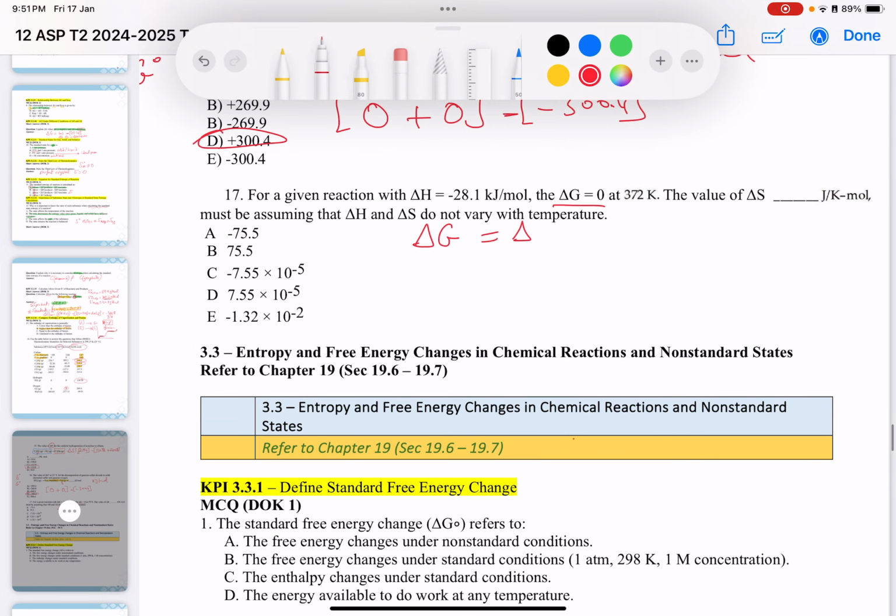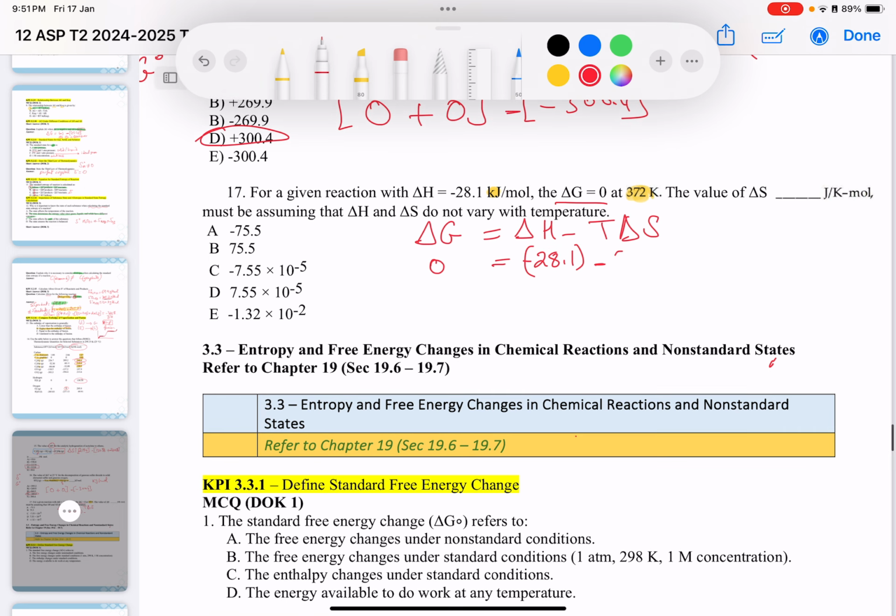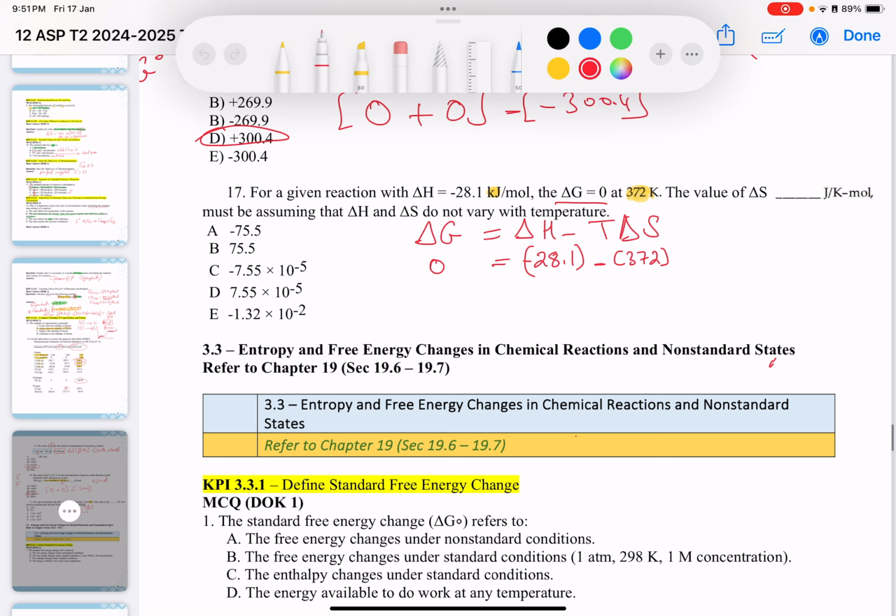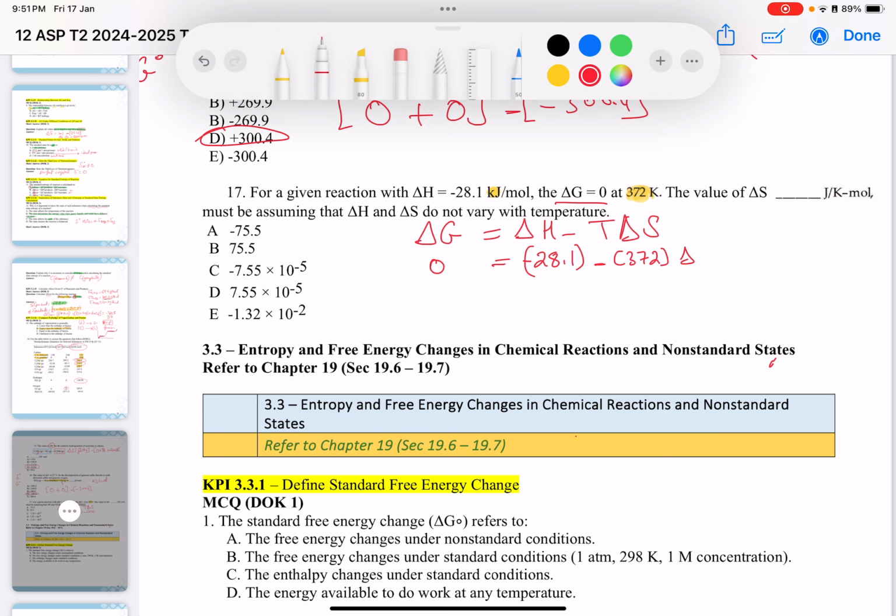Delta G equals delta H minus T delta S. So delta G is 0. Delta H is given in kilojoule per mole. Temperature is given, 372. And we need to find delta S.